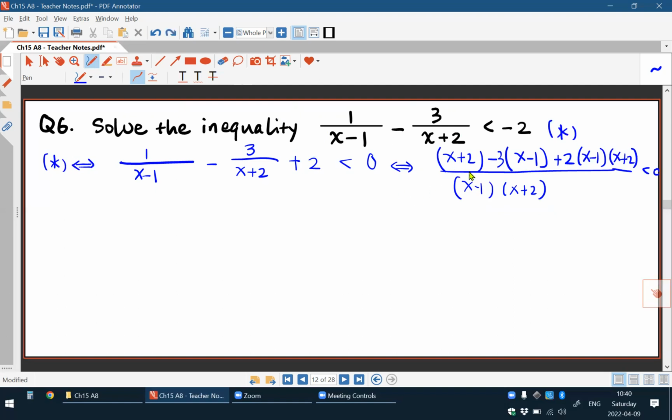For example, (x + 2) over this is 1/(x - 1), the reciprocal of x - 1, right? And the second term is -3(x - 1) divided by this, which is -3 over x + 2. Next, you get 2(x - 1)(x + 2) over this, which gives +2, right? This is exactly this expression. So that means the first step is correct.